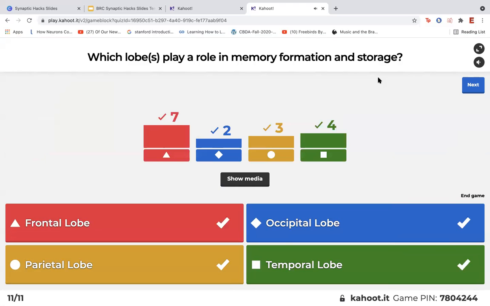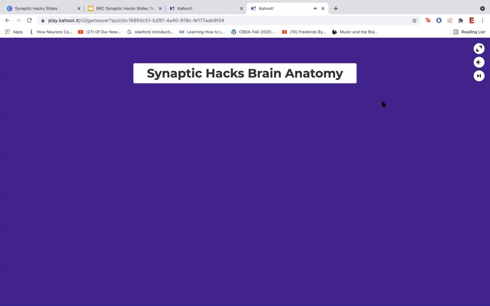Yep, but it's all of them. So 100% correct. Yeah, memory is really important in the brain, and so there's a lot of networks that are related to it throughout the entire brain, and it's so important that it is going to be our next topic. So stay tuned. But for now, let's see our winners.